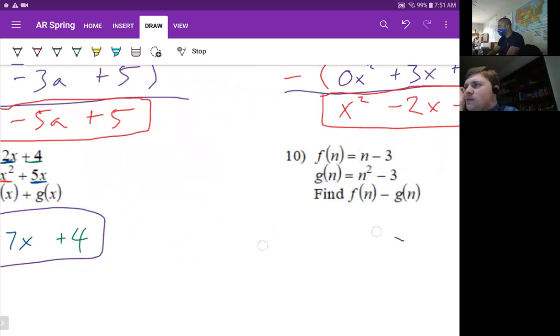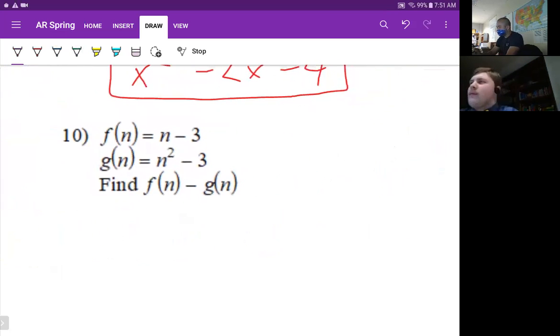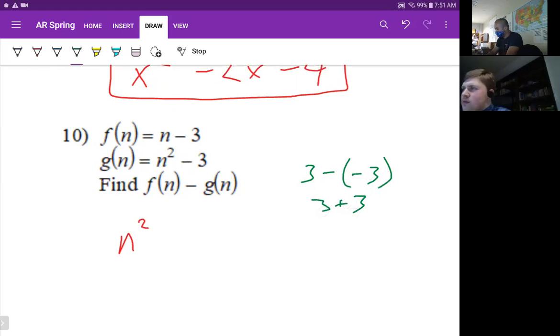And then the last one, so the n squared doesn't have anything to combine with. Then the 3, it's going to be 3 minus negative 3. So what's happening here is you have 3 minus negative 3. So that's actually going to be 3 plus 3.